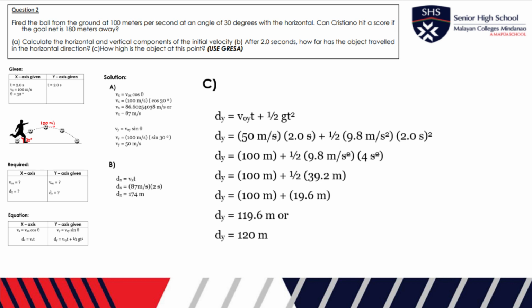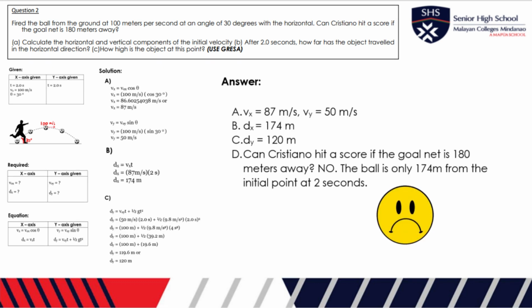And again, just add it up, giving you d sub y is equivalent to 119.6 meter, or considering the number of significant figures, 120 meter for the displacement in the y-axis. Now, we have our final answers.